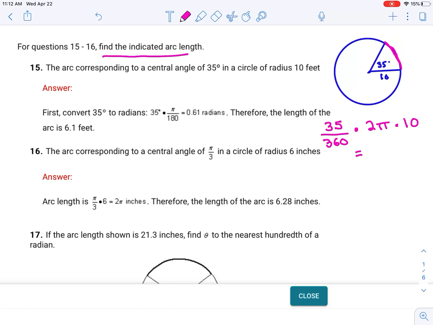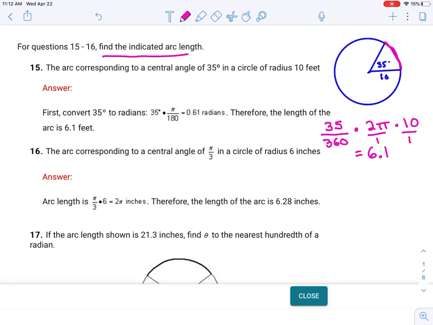Okay? All right. And then if I multiply all those together on a calculator, and you can test it if you want, I get 6.1. I would go 35 times 2 times 3.14 times 10, and then hit equals. Go divided by 360. Test it, and you should get 6.1.